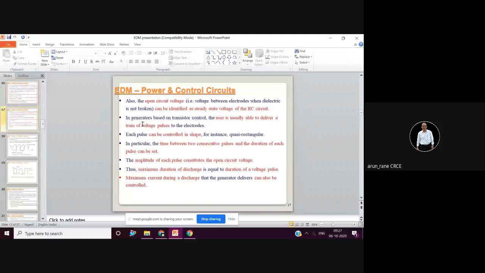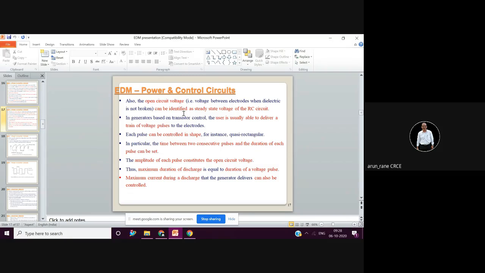Then there are some terms like open circuit voltage, short circuit voltage, amplitude, and maximum duration of discharge, which you will come to know from the diagram. Of course, if you wish, you can remember them, otherwise it is not required. But one or two terms you can definitely explain.